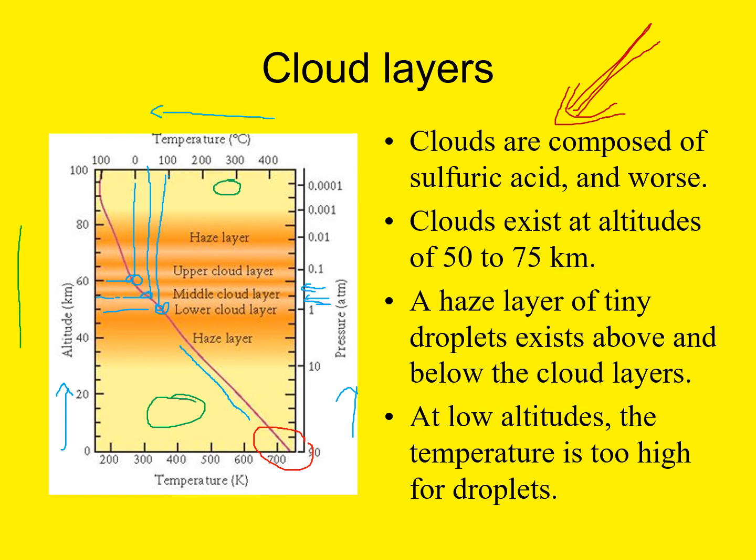Now, these are very high up. The cloud layers between 50 and 75 kilometers, this is so high that on Earth, that's above the stratosphere. That's like in the mesosphere on Earth. And so these are very, very high altitudes above the ground. Again, indicative of just how dense the atmosphere is for Venus.